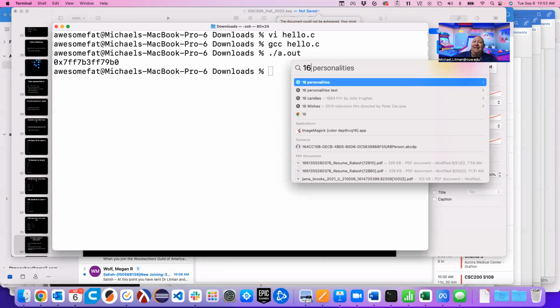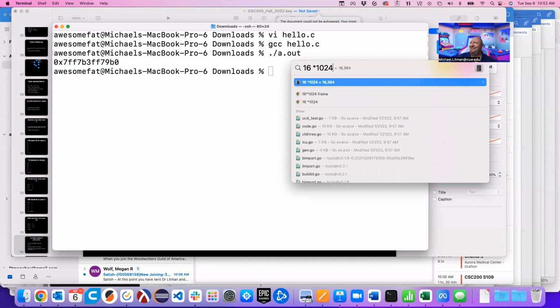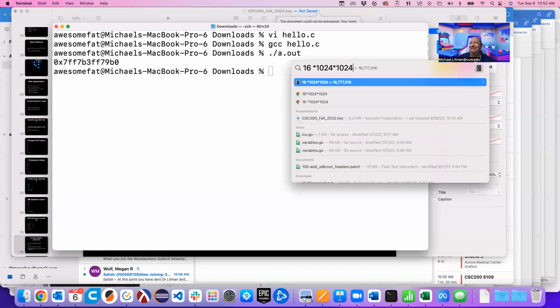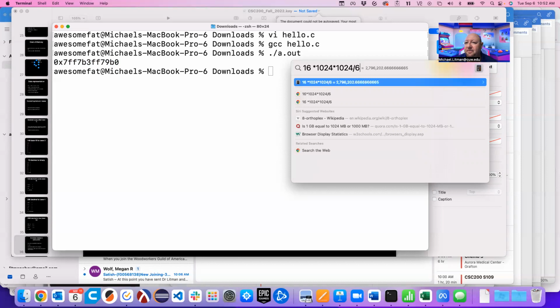So if I have 16 gigabytes of information, that's 16 times 1024 gets us to kilobytes, times 1024 gets us to bytes, divided by 6. So that's 2.8 million chunks of space on that street. We can think of it as 2.8 million houses that live on this one big street.